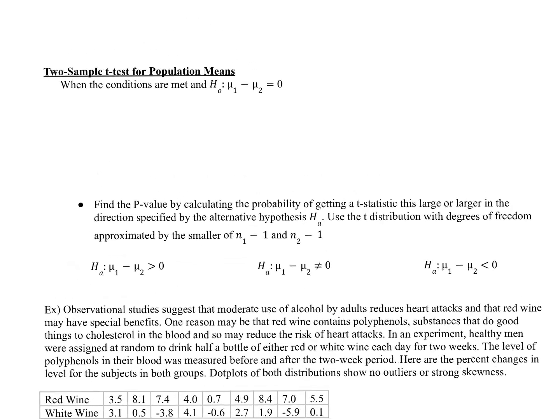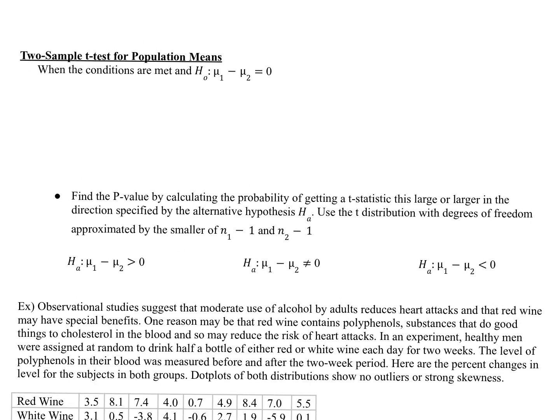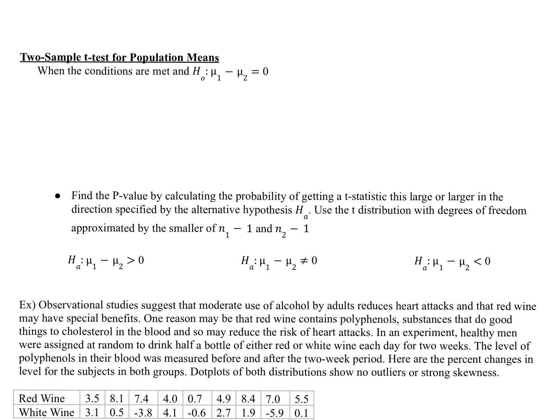All right, so now let's talk about writing our hypotheses for our significance test. Our null hypothesis is always going to be that mu1 minus mu2 is 0. The other way you can write it is that mu1 equals mu2. So it's either that their difference is 0 or they're equal to each other.